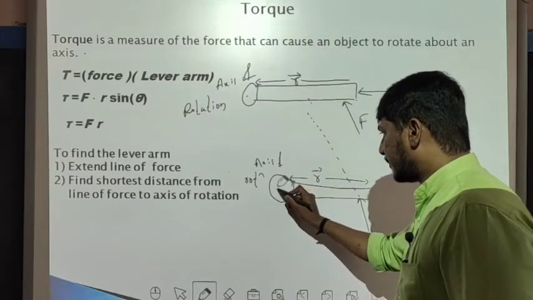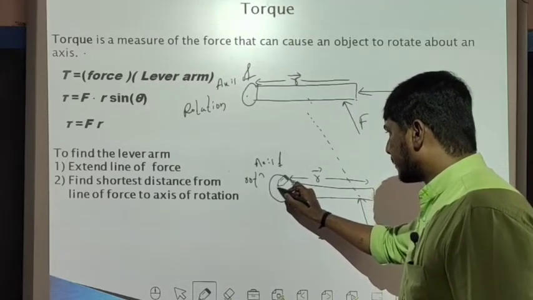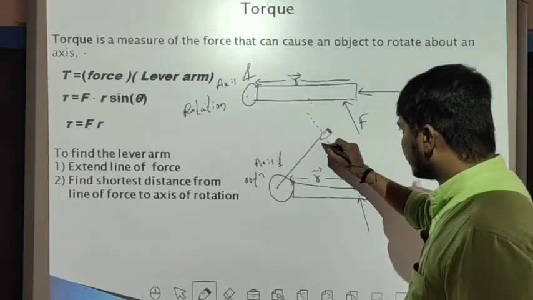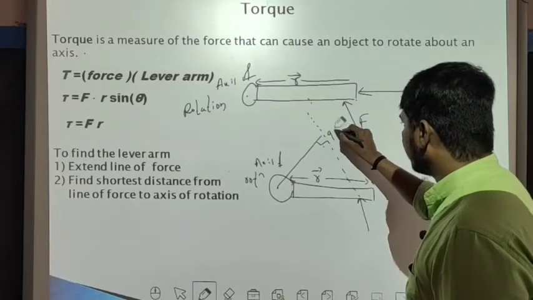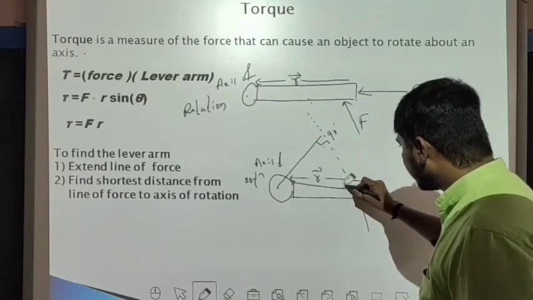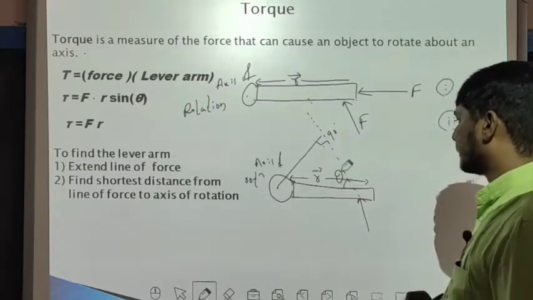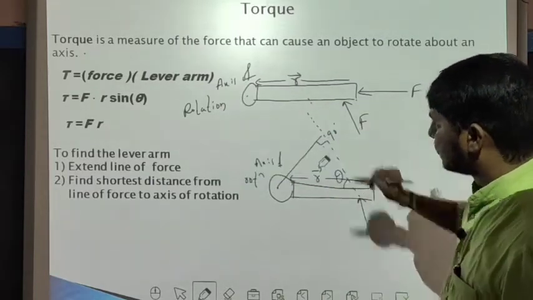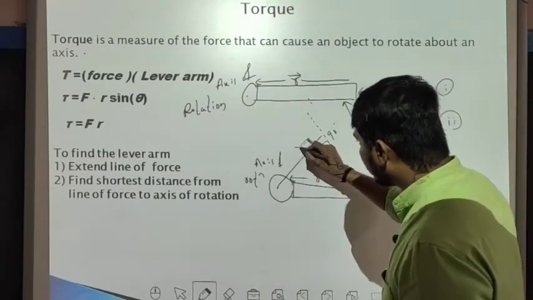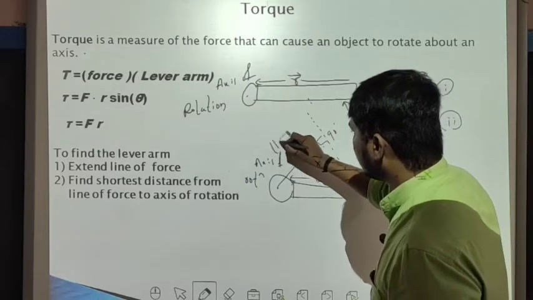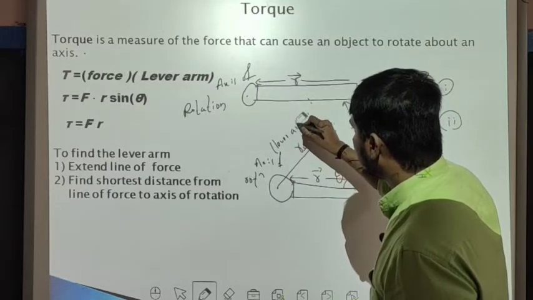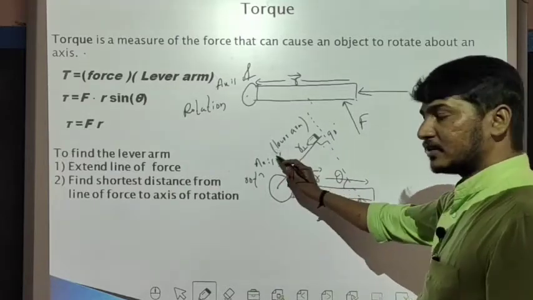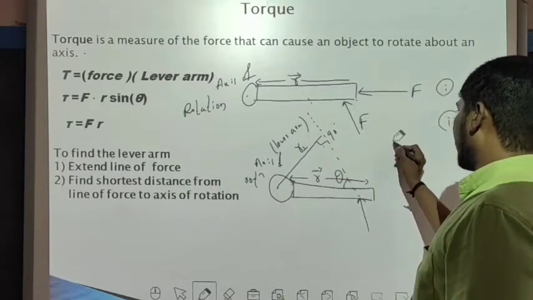So I am going to draw a line from the axis of rotation to the line of force, and this is the 90-degree angle and this is theta, that is the angle between the distance vector and the line of force, and this is the perpendicular distance, the lever arm. Here from this figure we can find the lever arm, that is r perpendicular.